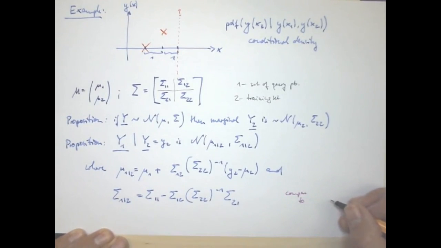So we had sigma squared minus lambda transpose sigma 2, 1.